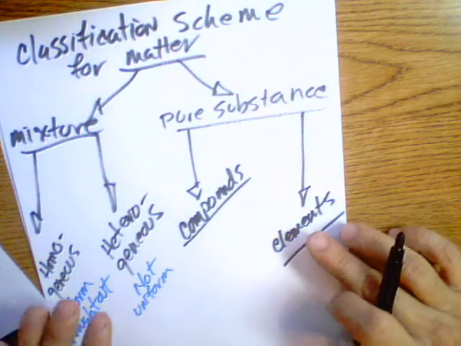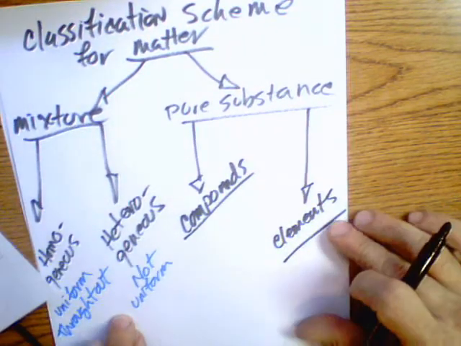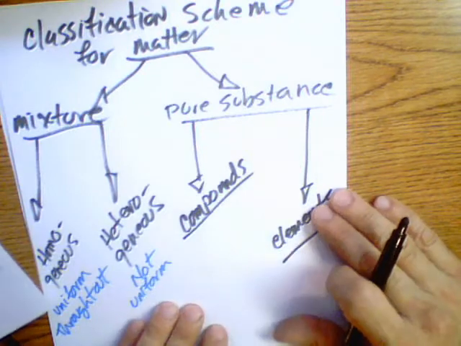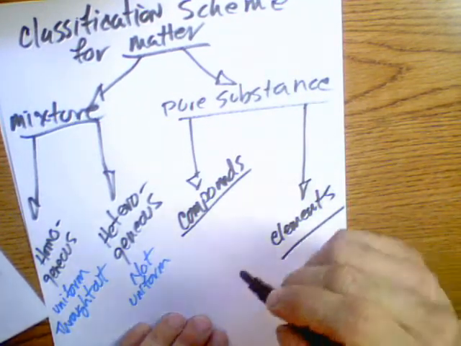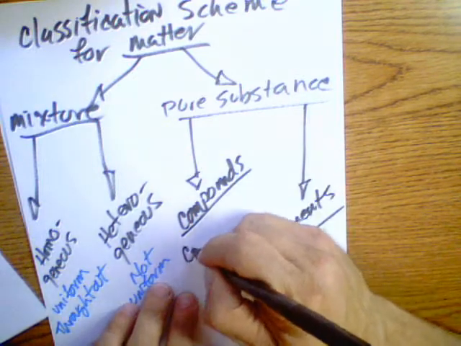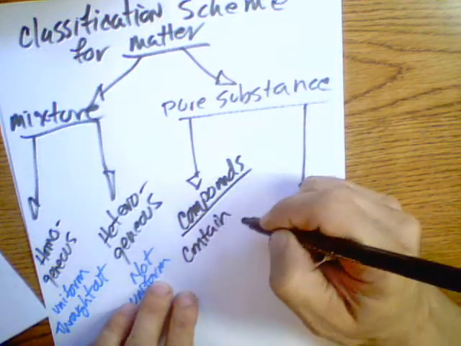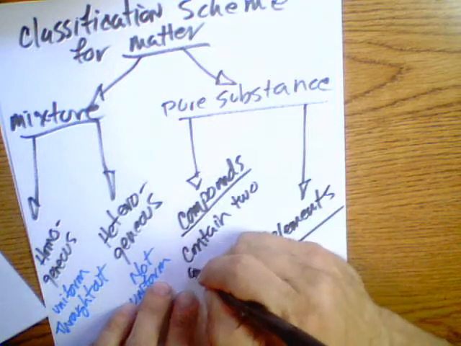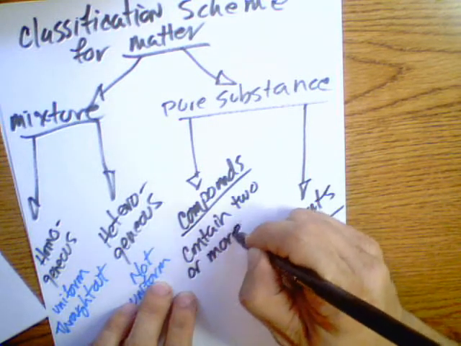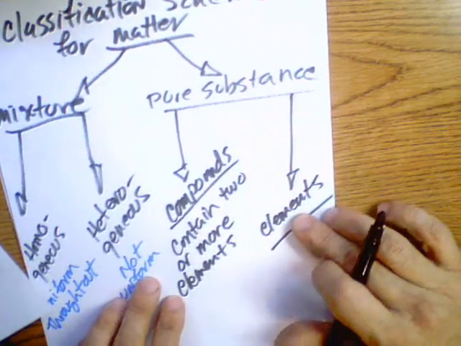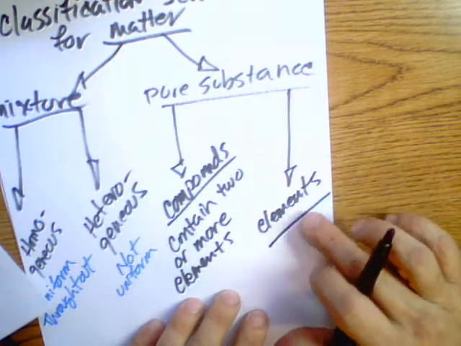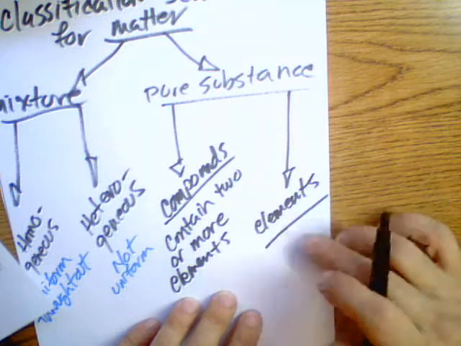Whereas with a mixture, you could break it down further, and that's how you can distinguish the difference between the two. So compounds contain two or more elements. And elements cannot be separated into a more simple substance.